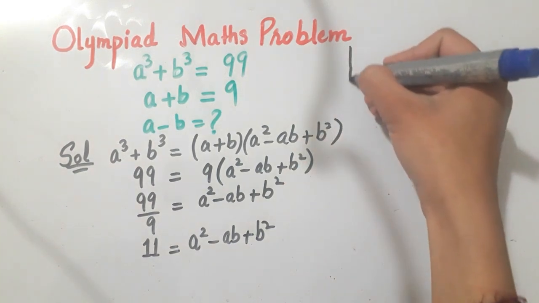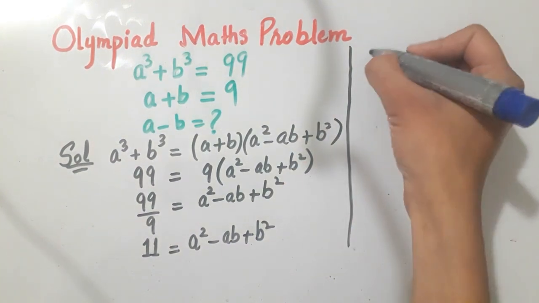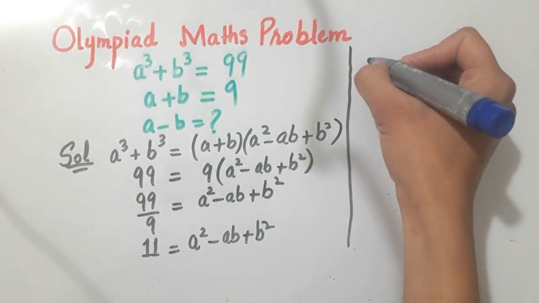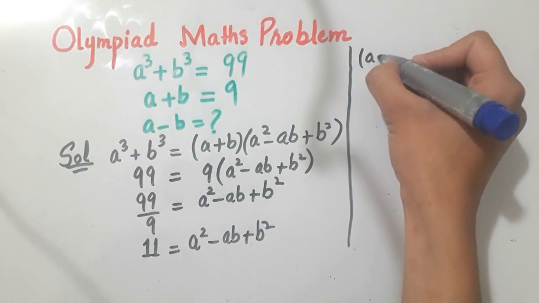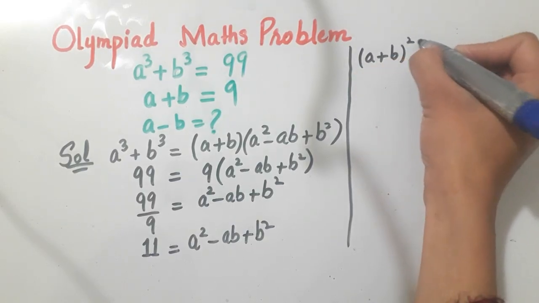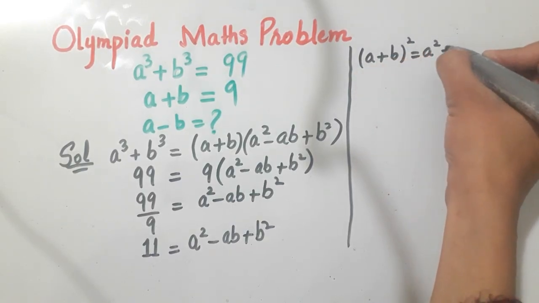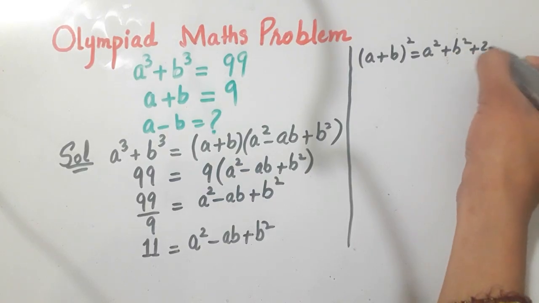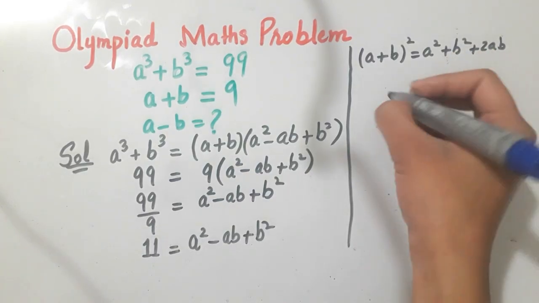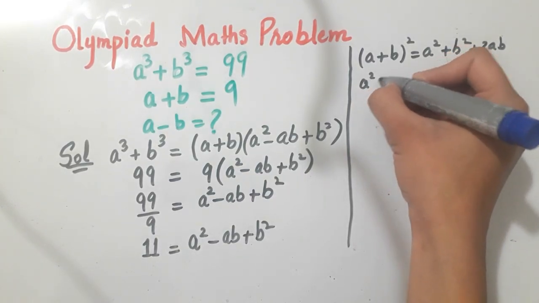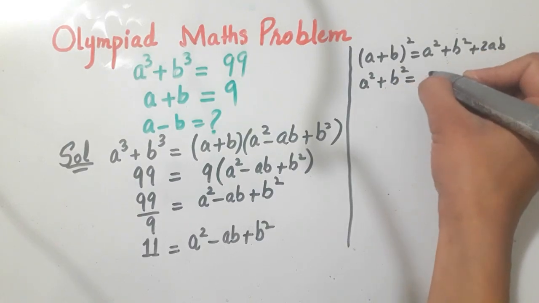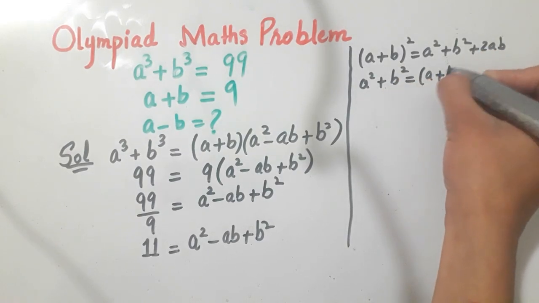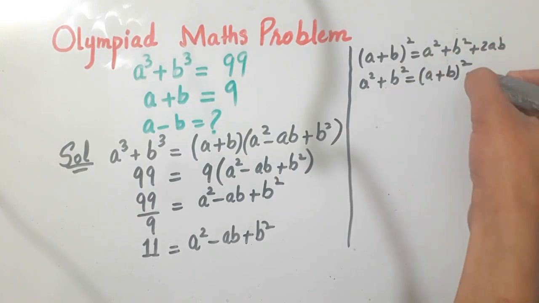Now we will solve this further, as we know the formula of a plus b whole square equals a square plus b square plus 2ab. We will write the formula of a square plus b square, that equals a plus b whole square, this is plus, it will become minus 2ab.